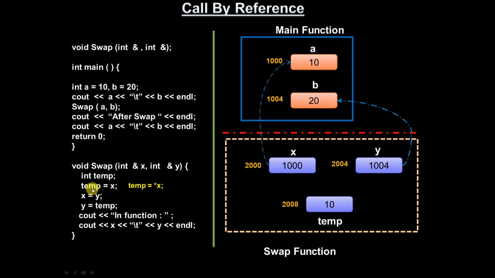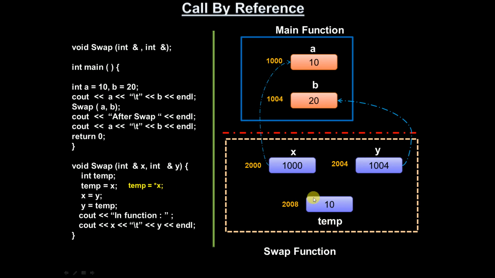If I am using temp equals x, it will be internally implemented as temp equals star x. Automatic dereference will happen. We have given temp equals x, but the compiler will convert this statement to temp equals star x.